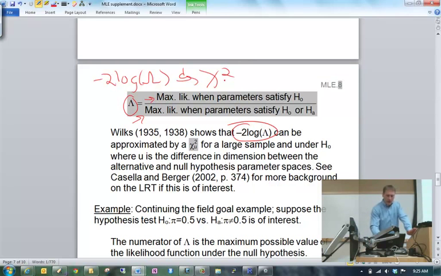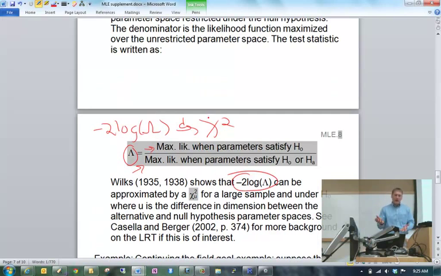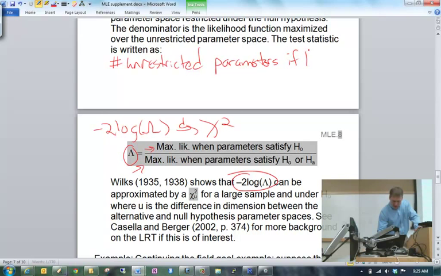Now, the degrees of freedom, of course, there's always a degrees of freedom associated with the chi-square distribution, as you would learn in a STAT 801-like class. And simply the degrees of freedom is this: the number of unrestricted parameters if HA is true, minus the number of unrestricted parameters if H0 is true.